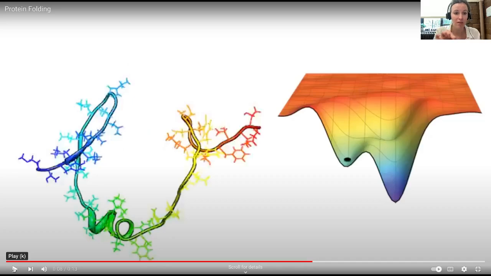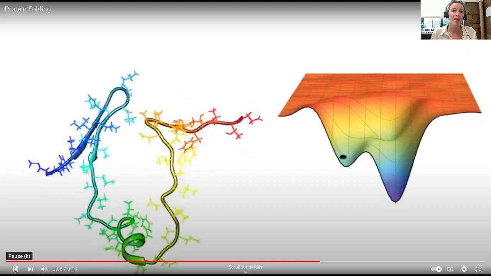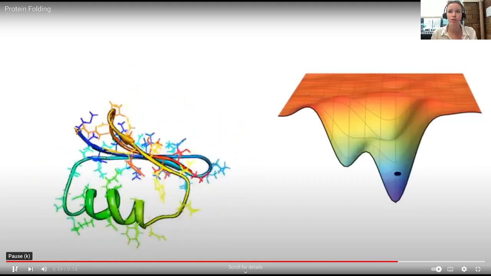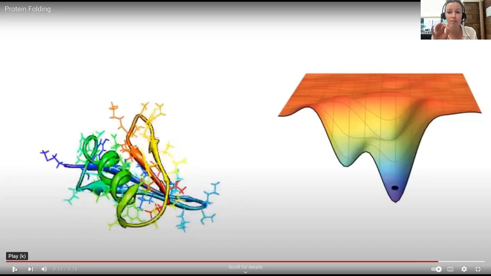See here, we have a little bit of an alpha helix forming at the very bottom, and maybe that's a beta sheet up on the top here. Now, as we get closer and closer to the lowest energy state of this protein, you see more aspects of secondary structure has formed, and then additionally, we have a tertiary structure where these secondary structures have come together to make the final fold.